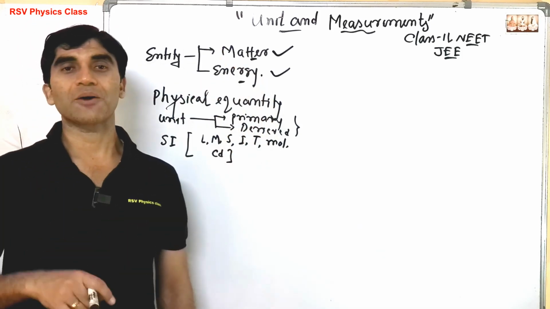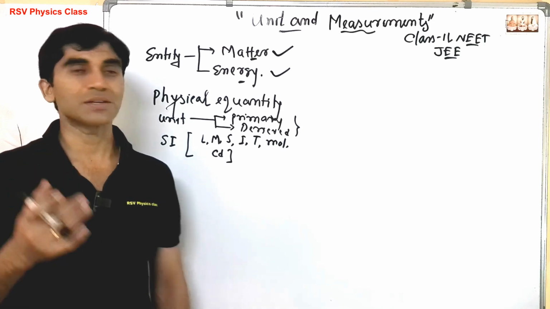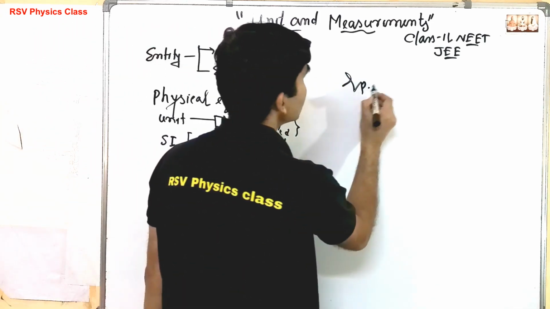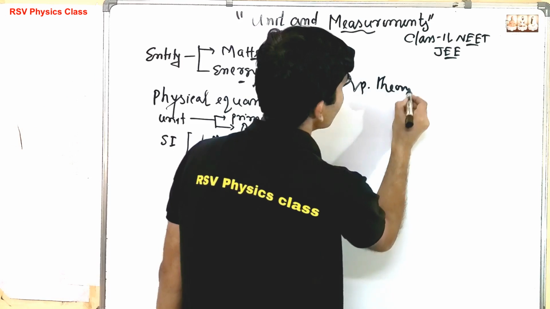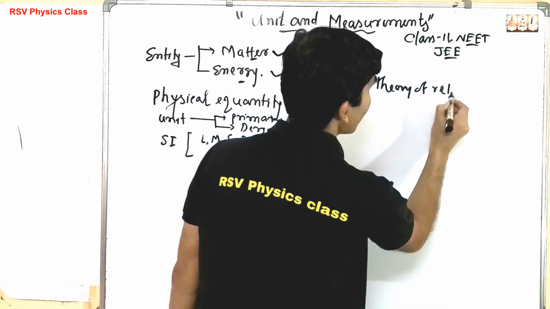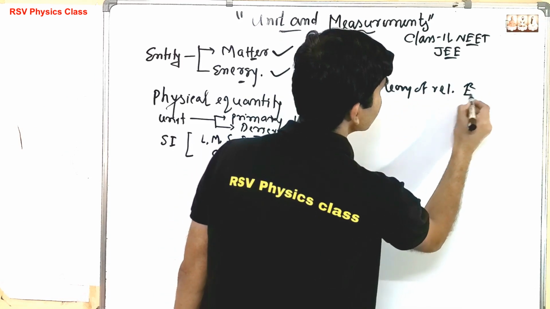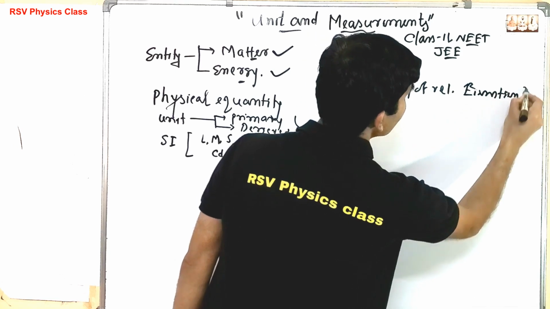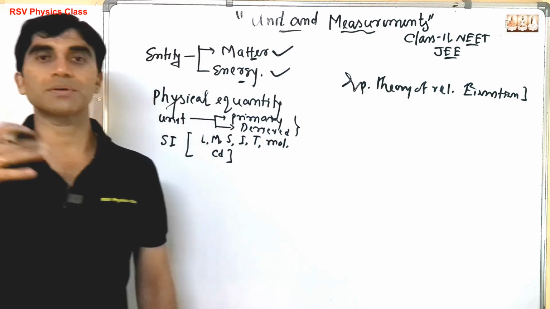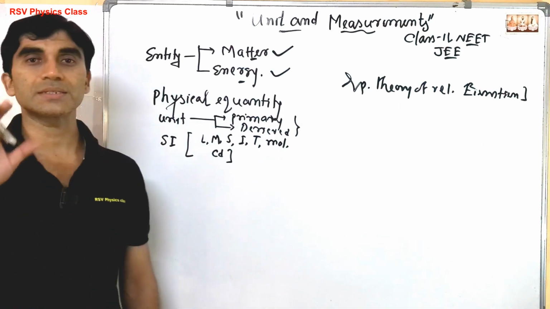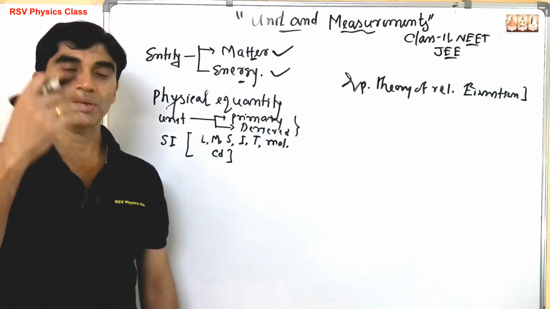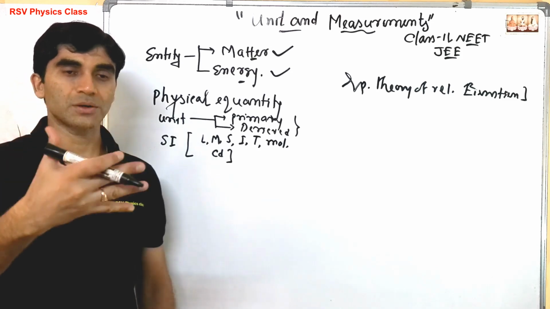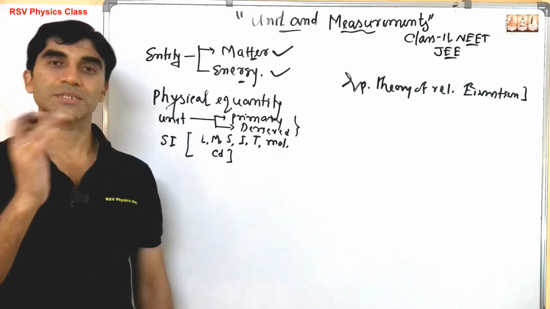But according to modern physics, after the discovery of the special theory of relativity by Einstein, there is a conversion of mass into energy and energy into mass.